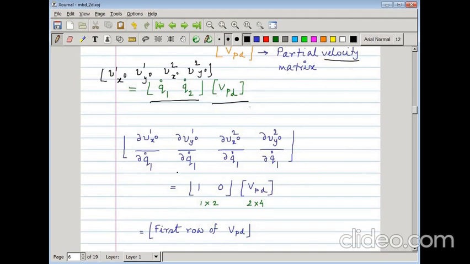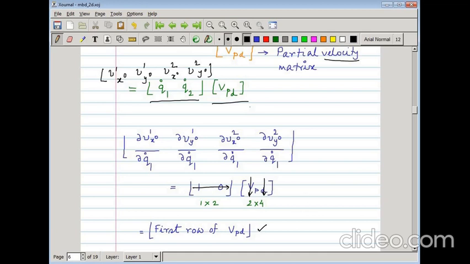So it will be 1, 0 times VPD. That means the second row will be multiplied with 0, only the first row will be multiplied with 1. So this gives you the first row of VPD.